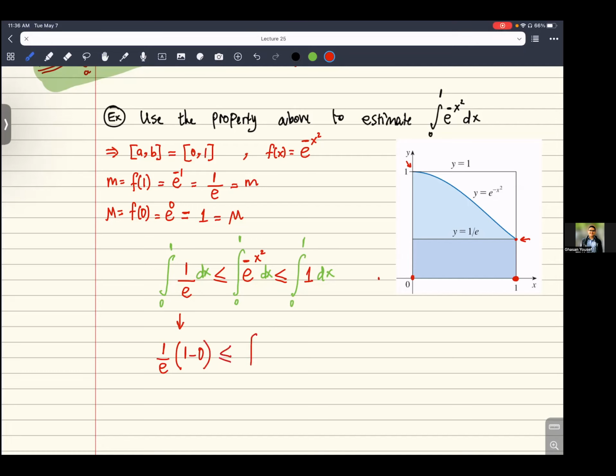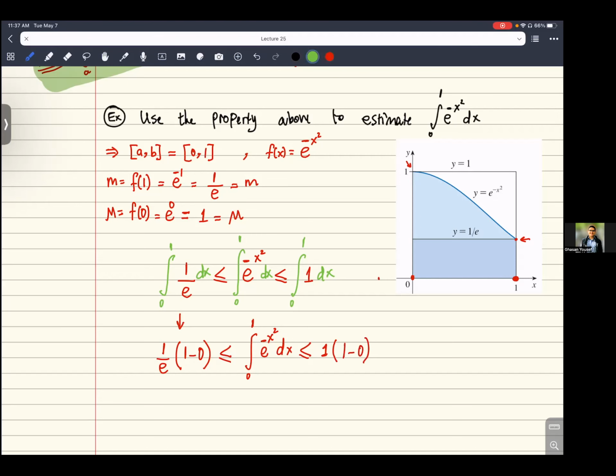Less than or equal to the integral from 0 to 1 of e to the minus x squared dx, smaller than or equal to what? What is the other integral? It is the same as 1 times what? 1 minus 0.